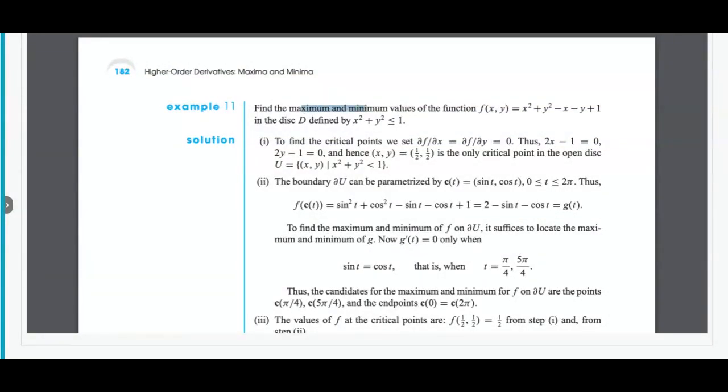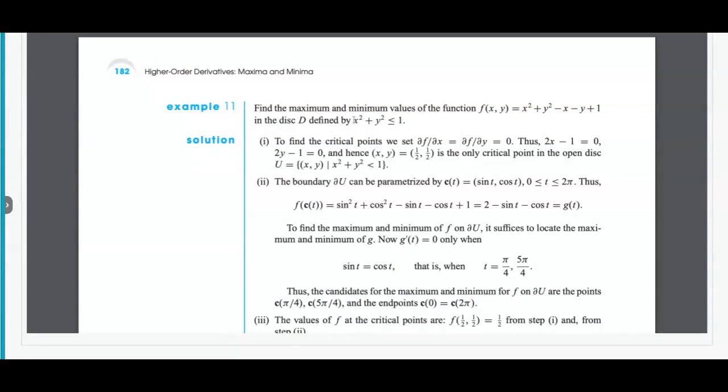We want to find the maximum and minimum for this function in the disk D defined by this. We see this is a closed and bounded set. The open set is x squared plus y squared less than 1, which is the disk without the circle.